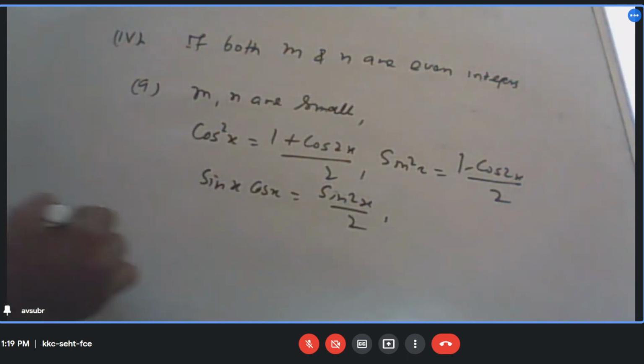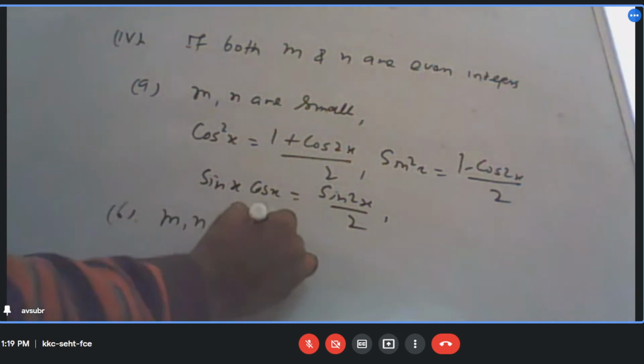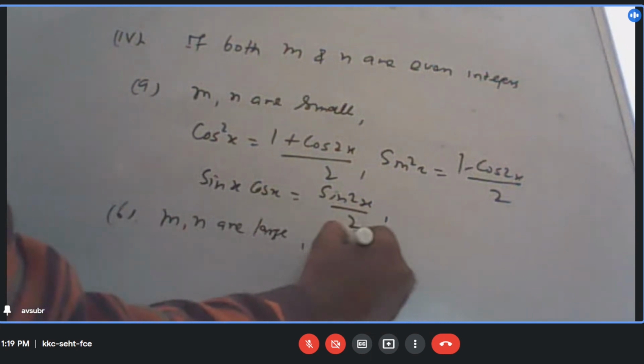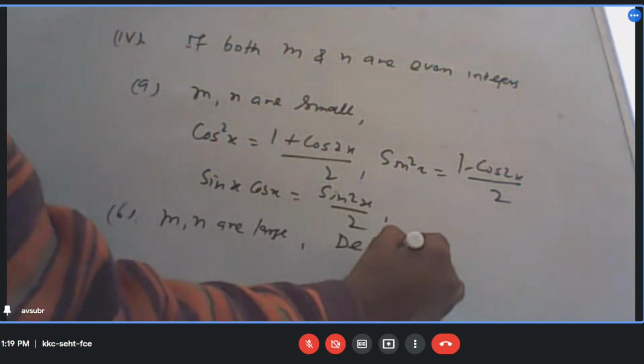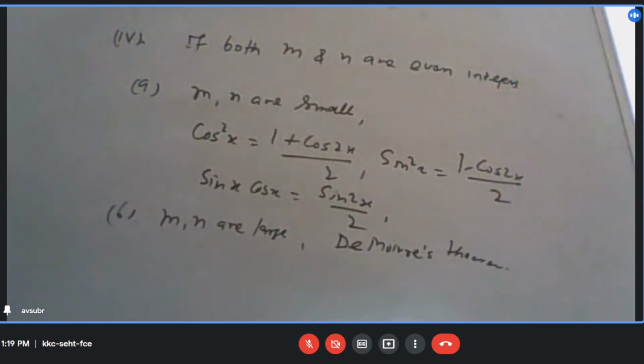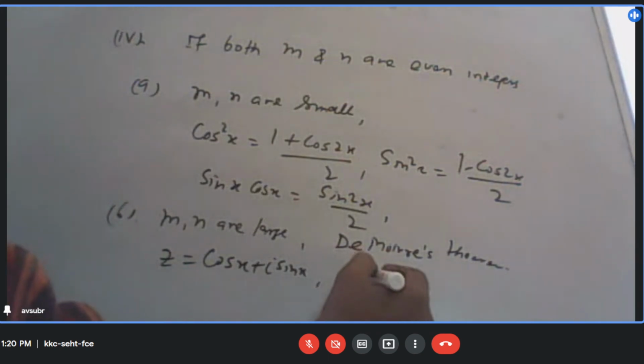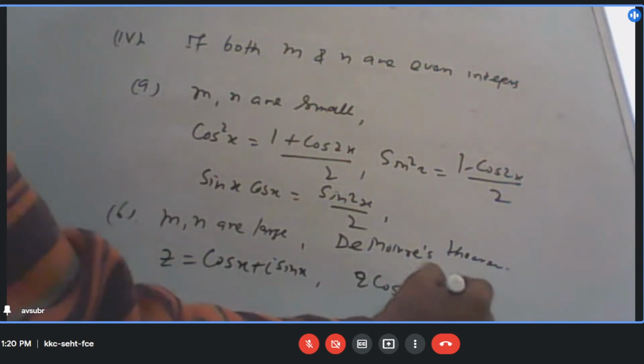But if m and n are large, then what will we do? We will use de Moivre's theorem, and in that case we will put z equal to cos x plus i sin x, and 2 cos x equals z plus 1 by z.